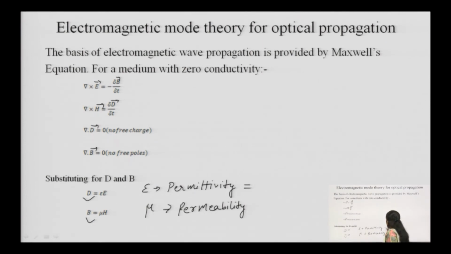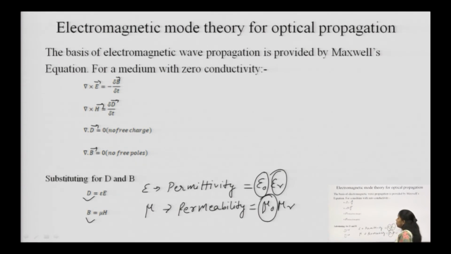Epsilon is always given by epsilon naught into epsilon r. So, what is epsilon naught? Epsilon naught is called the absolute permittivity. The permittivity of air or vacuum is called the absolute permittivity, and relative permittivity is the permittivity of the material which we are considering for propagation. Similarly, mu is mu naught into mu r.